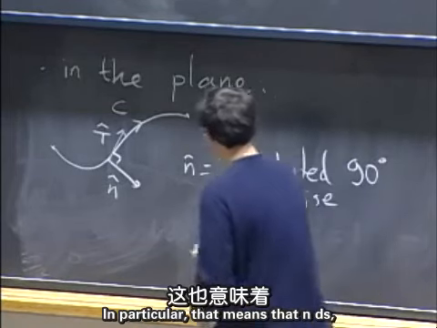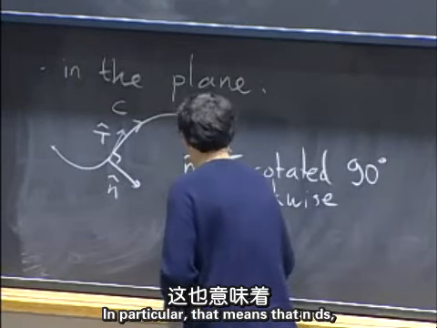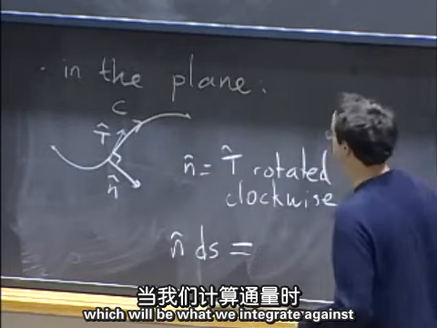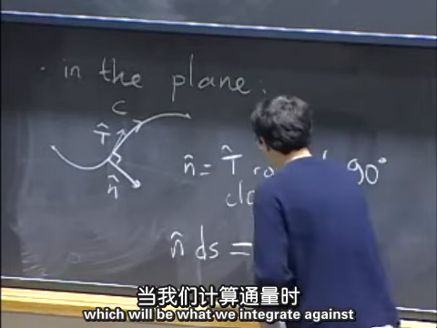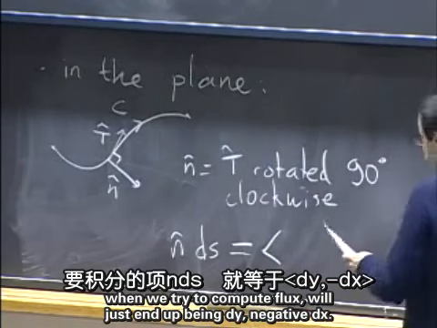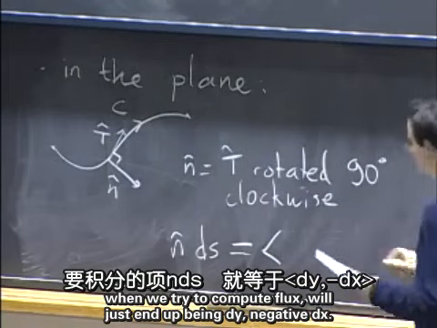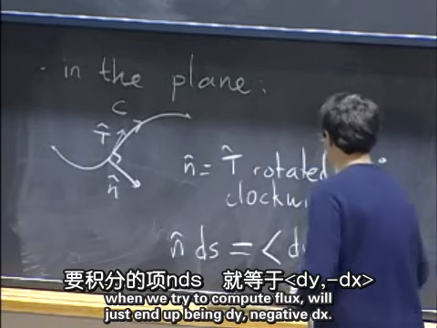So in particular, that means that N ds, which will be what we integrate against when we try to compute flux, will just end up being dy comma negative dx.